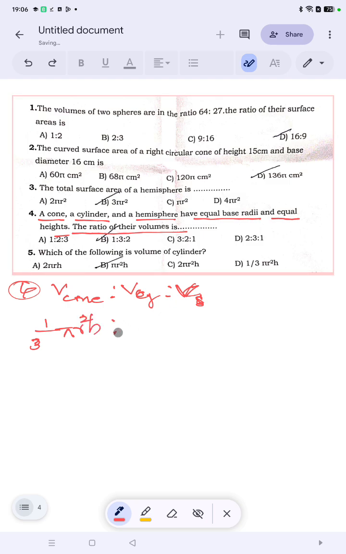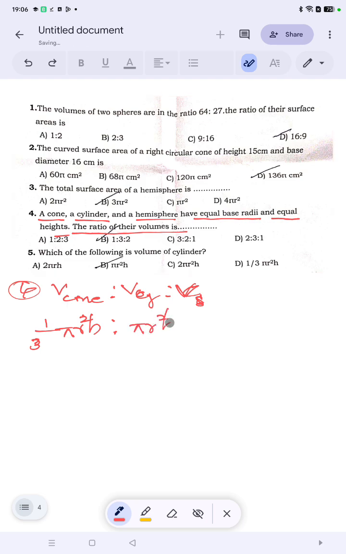The volume of a cylinder is pi r square h. The volume of a hemisphere is 2 by 3 pi r cube. Here the radii are equal and the heights are also equal.